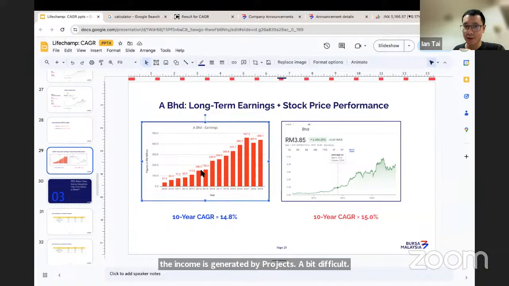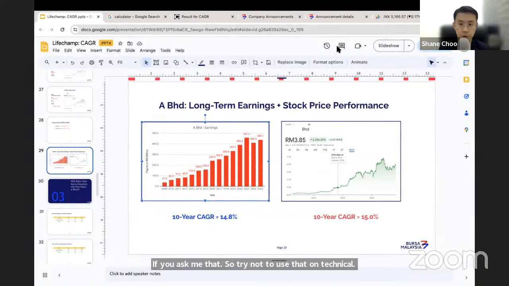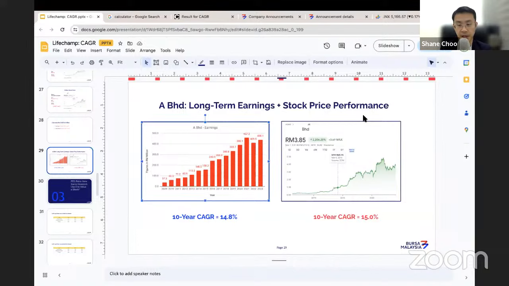So try not to use that on cyclical stocks. My view is also that CAGR on a cyclical stock will typically be very low, because the performance is, as the name suggests, very cyclical.